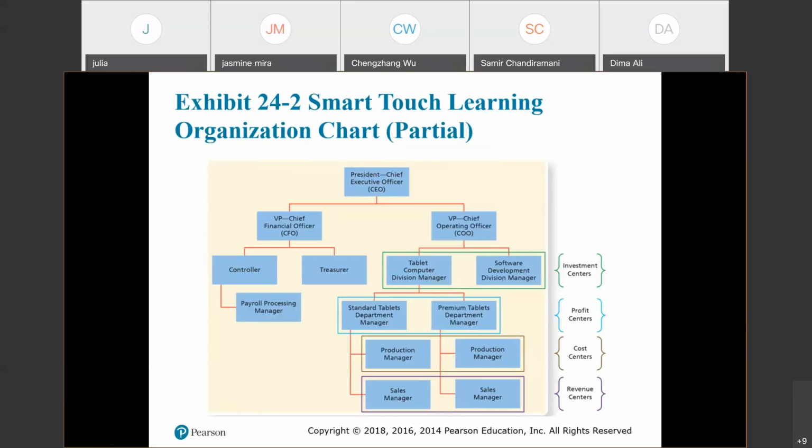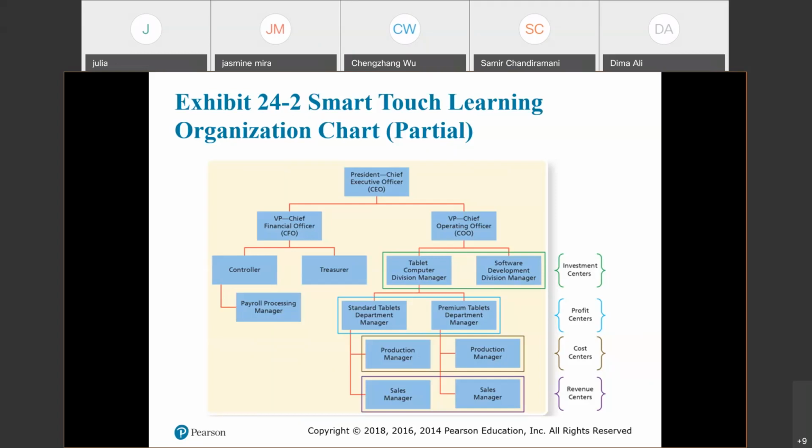Okay, now let's revisit our previous example, Smart Touch Learning. This slide shows how it assigns responsibility. At the top level, as you can see, the president or the CEO oversees each of the two vice presidents. The vice president oversees two divisions.